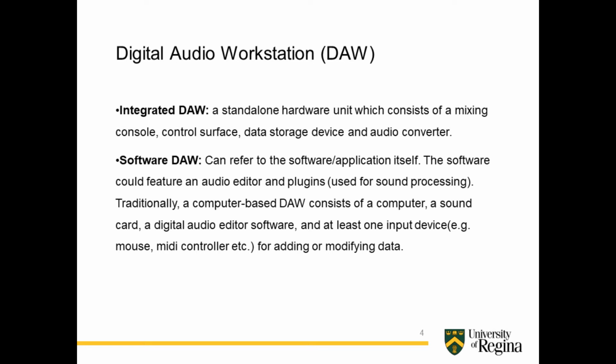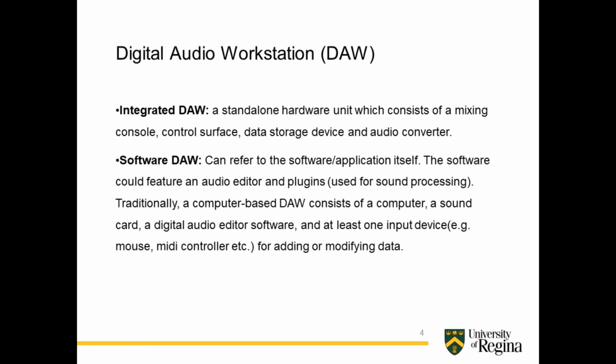Now, a software DAW, like I said earlier, can just be the application itself. So when you're talking about applications on your personal computer, be it a Windows computer or a Mac, it can refer to the software itself. It can also be a computer-based software DAW, which features a computer, a sound card or an audio interface, digital audio editor software, and at least one input device.